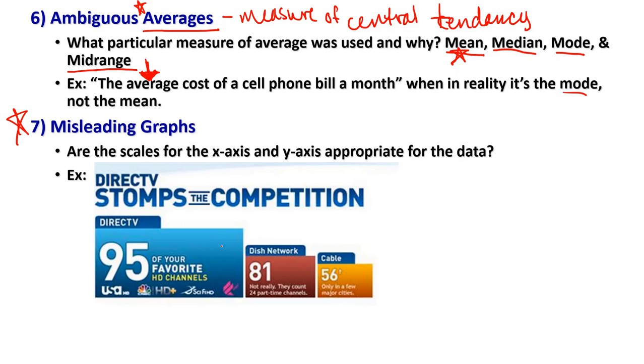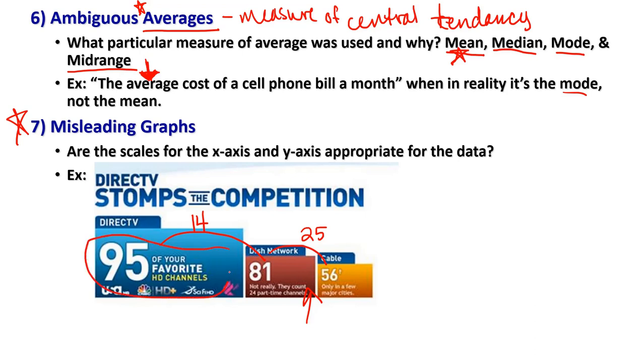It looks like this DirecTV box is way bigger than the other two. But if we take the mathematical difference between 95 and 81, 95 minus 81 is only 14. What's the difference between 81 and 56? 25. This is a way bigger gap between Dish Network and cable than DirecTV.